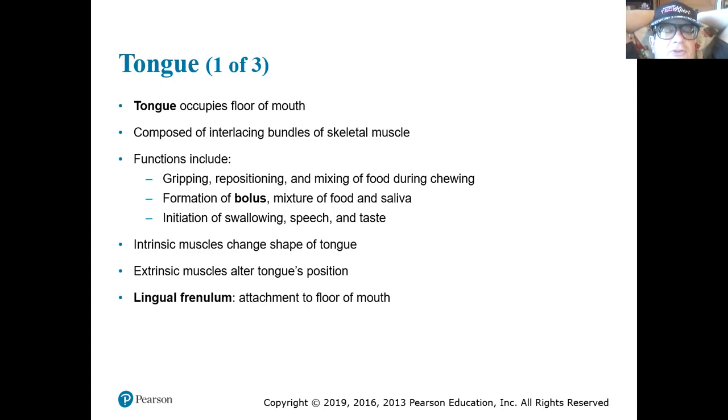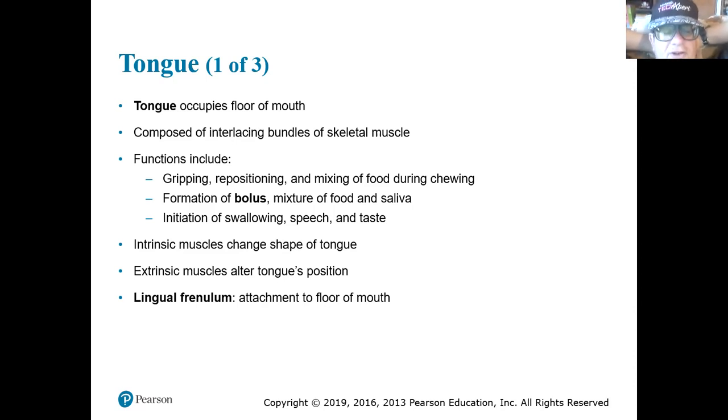Anyway, intrinsic muscles will change the shape of the tongue. This means that the muscles in the tongue can make the tongue narrower, wider, taller, whatever. The extrinsic muscles are ones where at least one end of the muscle is attached to something that is not part of the tongue.